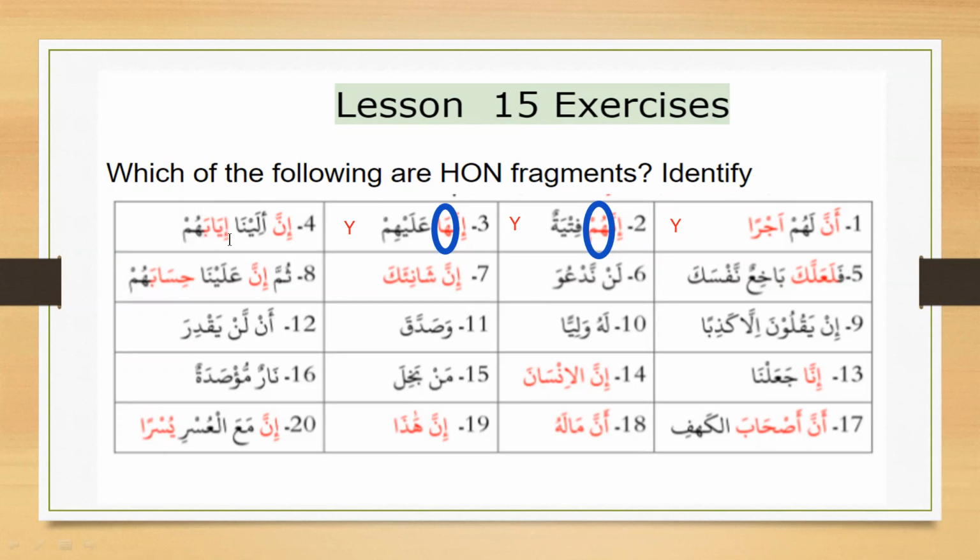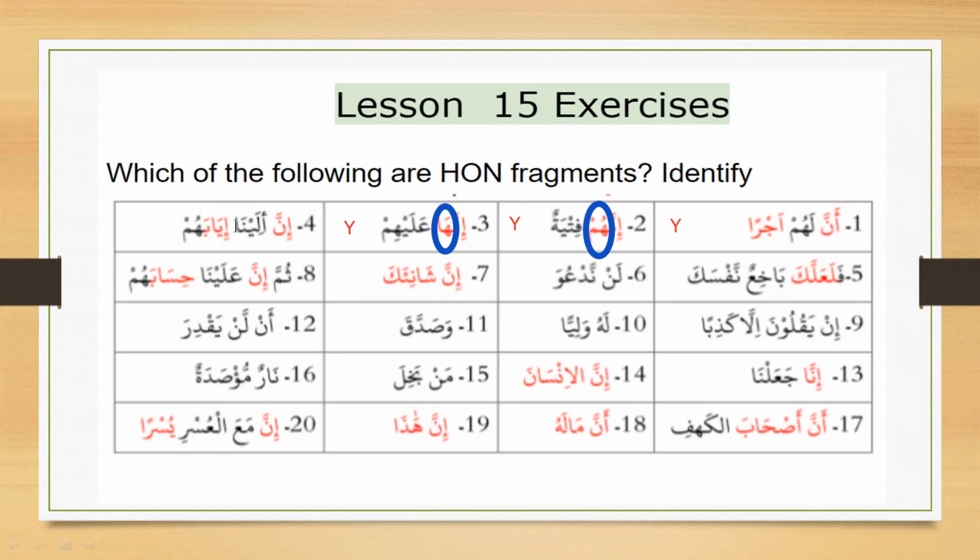But over here, iyaba is an ism, and iyabahum is a mudaf and mudaf ilayh fragment. Iyaba has no alif lam and it is light with one fatha. So this is mudaf and whom is mudaf ilayh, jar in status.